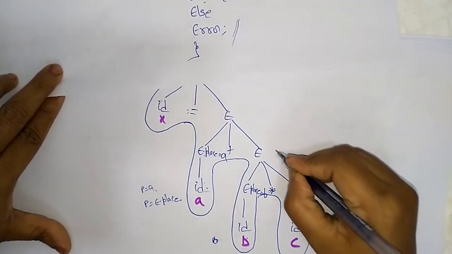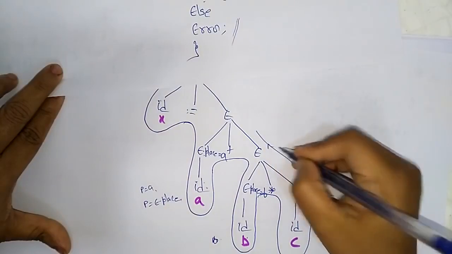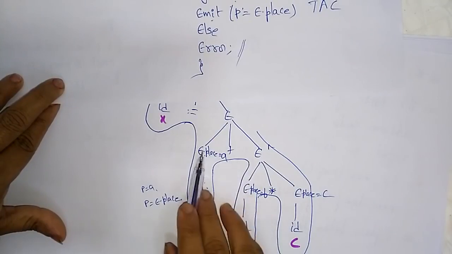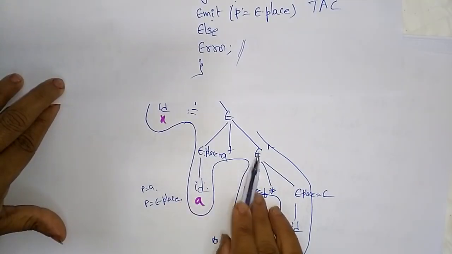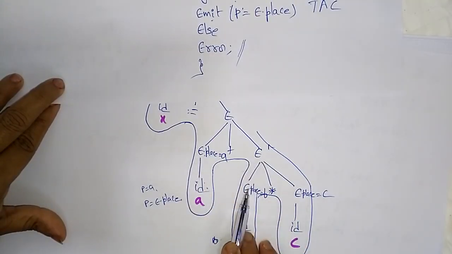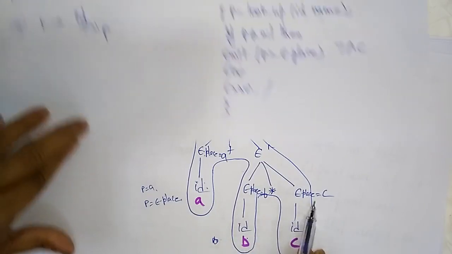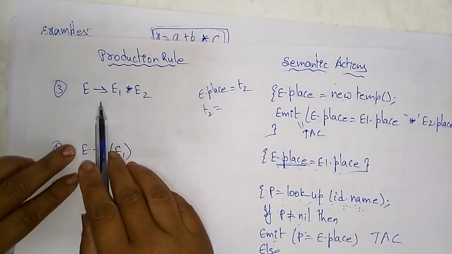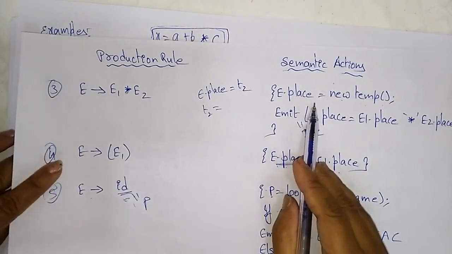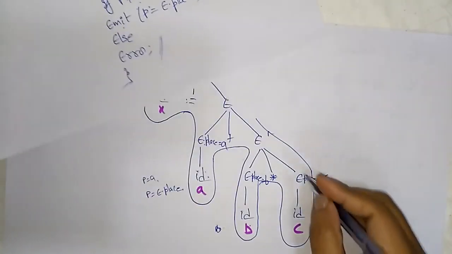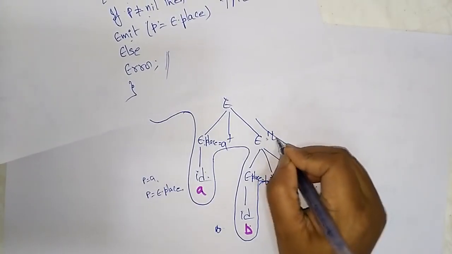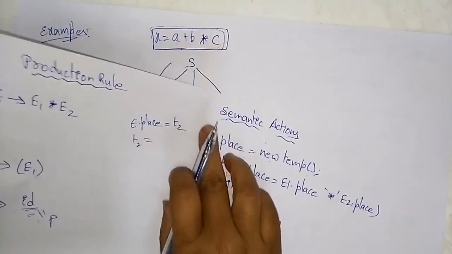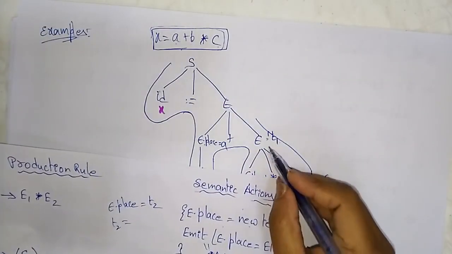Now here the reduction is E determines E * E, the third production. What is the action for this production? E.place = newtemp, let's take the temporary variable T1.